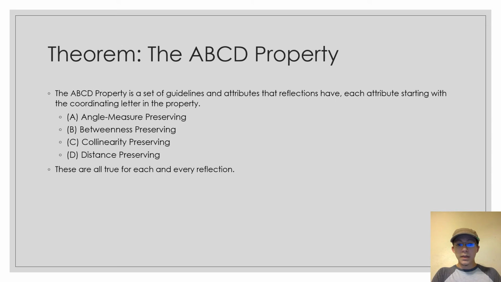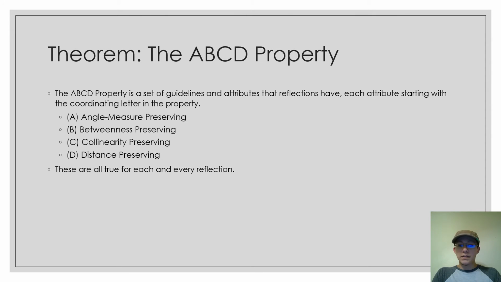Along with reflections comes the first theorem in the book, which is about the ABCD property. This is a set of guidelines and attributes that reflections follow, and the beginning of each of these properties correlates with the A, B, C, and D in the ABCD property.